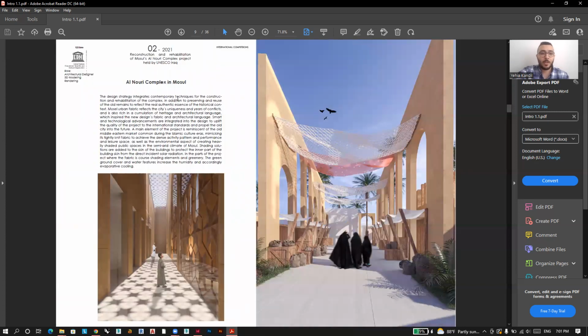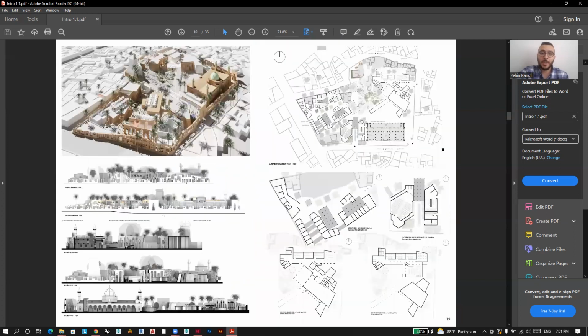And then this is my other submission, where I was shortlisted as a top 20 project. It was held by the United Nations, UNESCO Iraq, and it was basically a complex that has commercial, religious, library and theater parts.